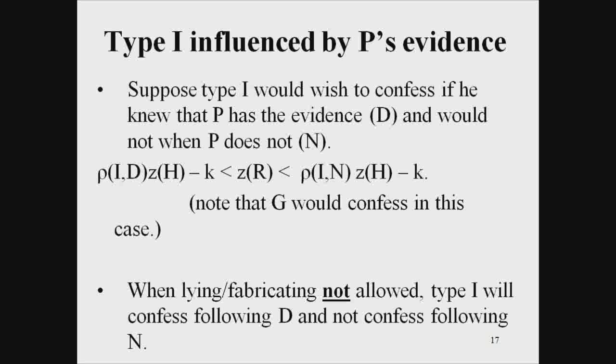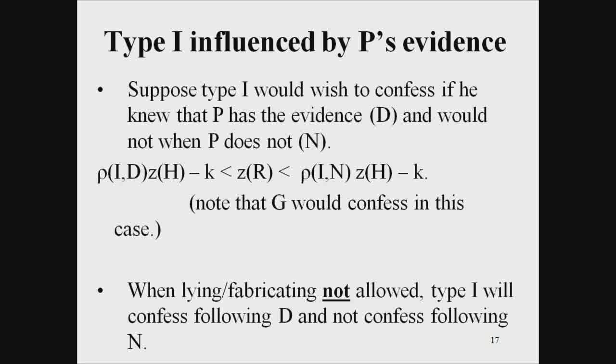So in this case, when lying's not allowed, the innocent type will do exactly what we've said, right? When they have the evidence, the innocent type will confess. When they don't have the evidence, the innocent type will not confess, right?